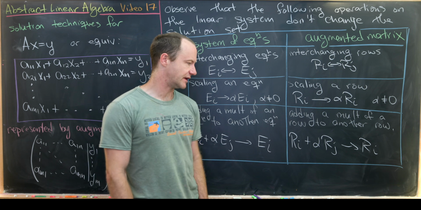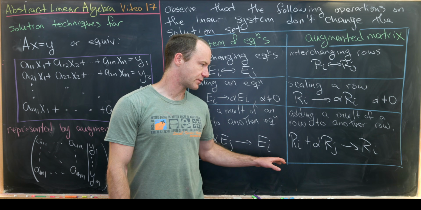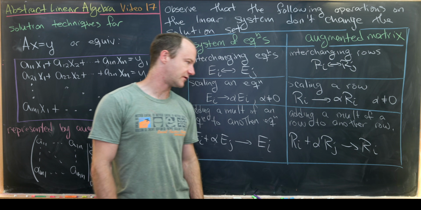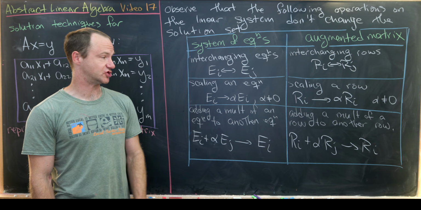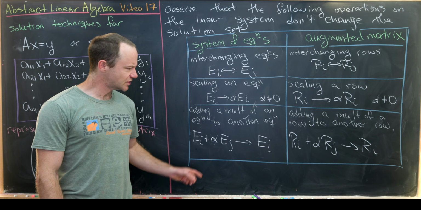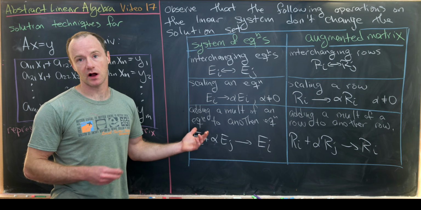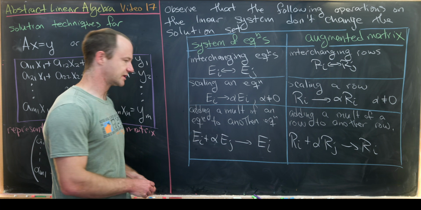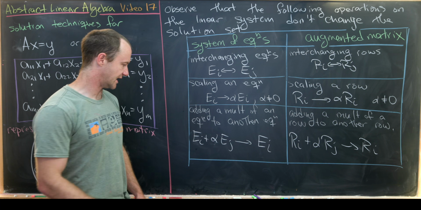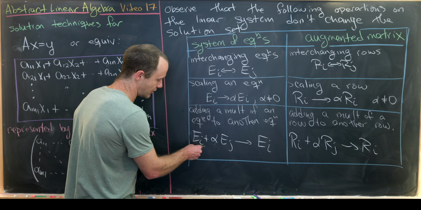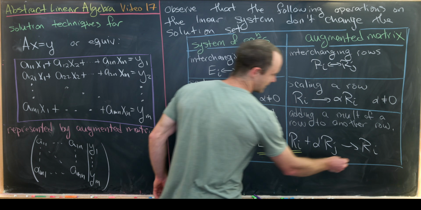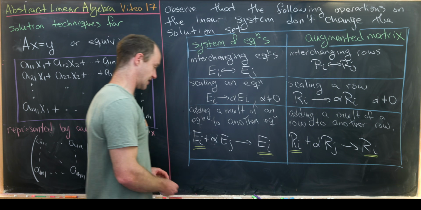And so that's equivalent in the row world to replacing row i with the old row i plus alpha times row j. So this is a little bit trickier to talk about, but it doesn't change the solution set. And also, I have a little trick just to keep things organized. I often put the row that I'm changing on the outside here. So that would be like row i or equation i.